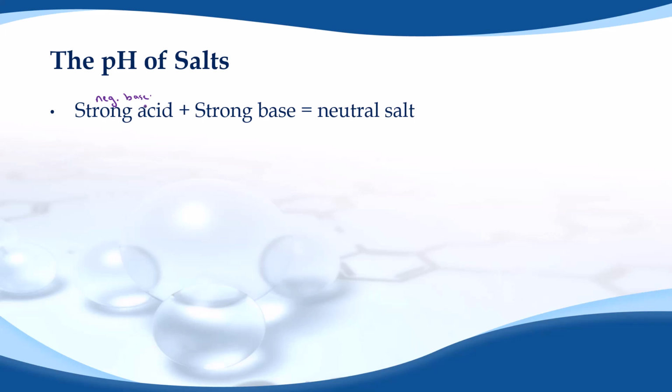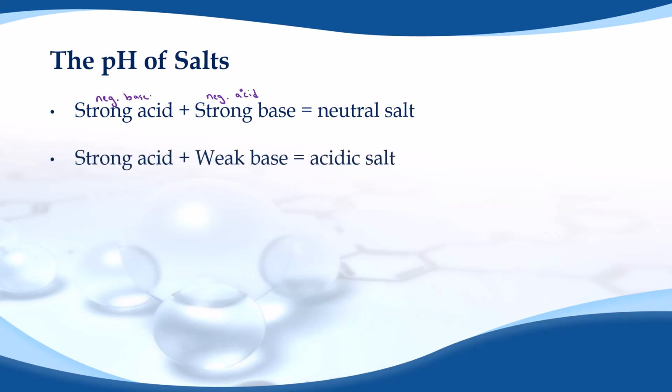So the conjugate base of a strong acid is negligibly basic, so essentially neutral. This is the same for a strong base, which is a negligibly strong acid for its conjugate pair. Negligibly strong base, negligibly strong acid, they're neutral by pretty much definition.